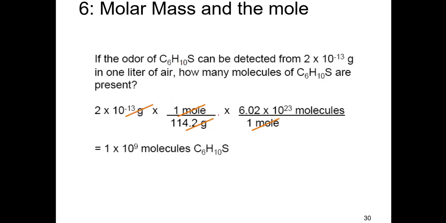And then we use Avogadro's number as a conversion factor. And moles has to go on bottom so it cross cancels, leaving our final answer. So 1 sig fig, 4 sig figs, 3 sig figs. So the lowest one is going to be 1 sig fig. So it's rounded to 1 times 10 to the -9th. So be sure to practice these problems.